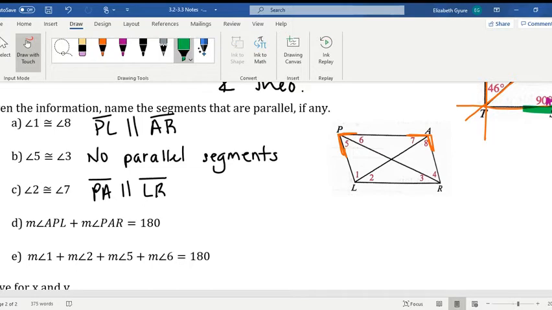So angle APL is formed by segment PL intersecting with segment PA, and angle PAR is formed by segment PA intersecting with segment AR. So if you take a look here, our transversal would be segment PA because it intersects with PL and AR. And since these two angles are going to have a sum of 180, they're supplementary, which means that these are same side interior angles that are supplementary, and segment PL will be parallel to segment AR.